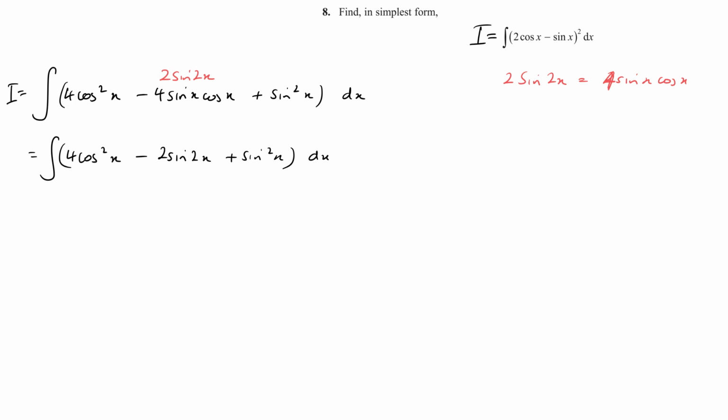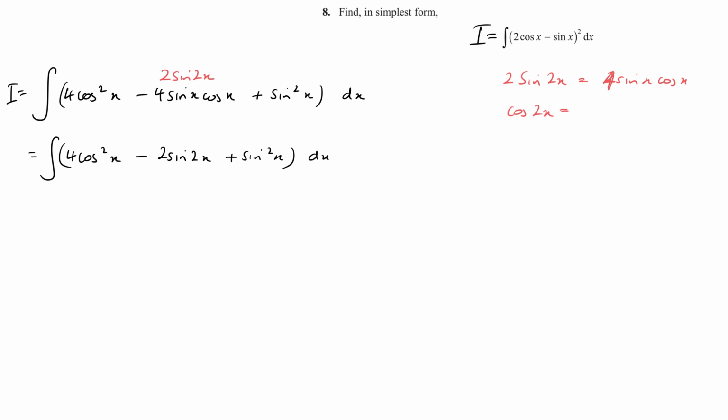Now really it's just doing it in each part individually. It's not so easy with the way you usually do it, is it? We want to be using cos 2x as well.